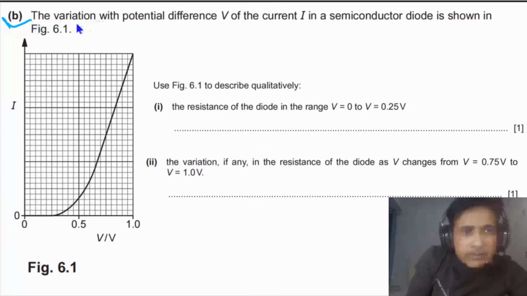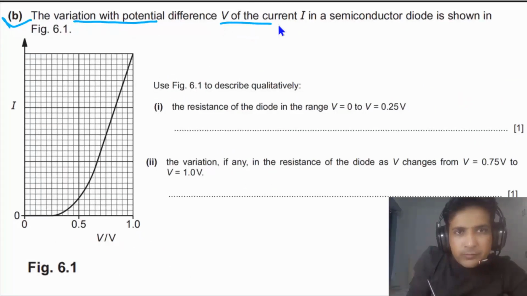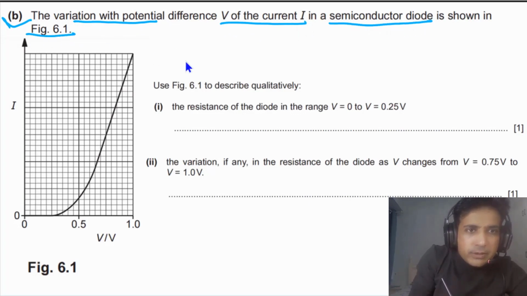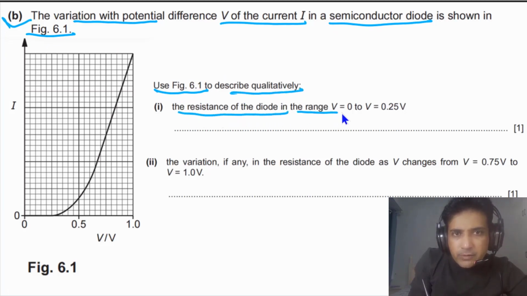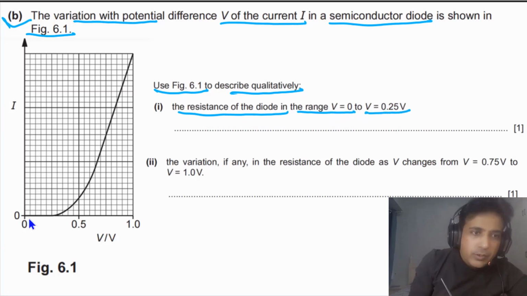For part B, it is given that the variation with potential difference V of the current in a semiconductor diode is shown in figure 6.1. Use figure 6.1 to describe qualitatively the resistance of the diode in the range from V equal to 0 to V equal to 0.25 volts. 0 to 0.25 means until this point.